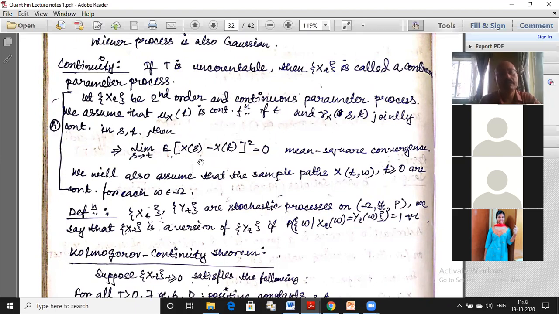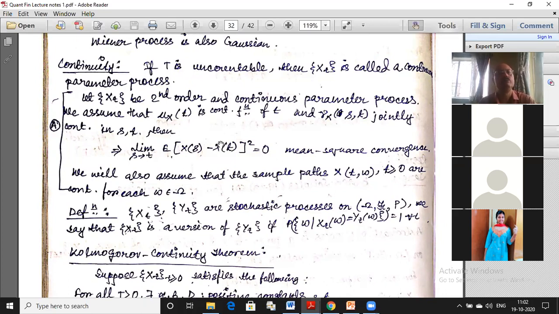So if I look at the squared difference, (Xs minus Xt) whole square, take its expectation, so this is the expected squared difference, and then I take the limit s approaching t, so I consider time points which are close to each other, then this limit is 0, which means the expected mean square difference goes to 0.